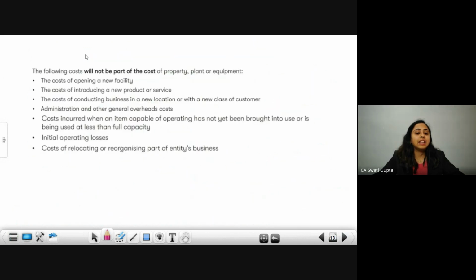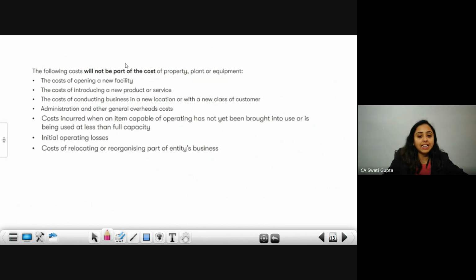Next. Now, there are sometimes a list of costs given. This is not an exclusive list. This means any item out of this will not be considered under this list. No, it's just an example. These are lists given of examples which will not form part of your PPE, which will not be capitalized. Okay, these are normally why?